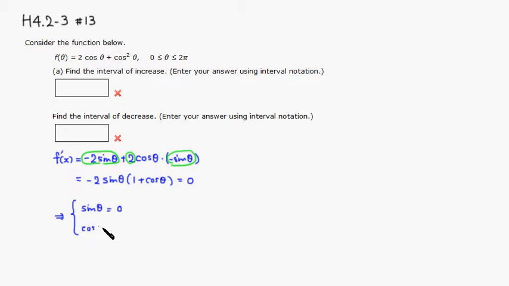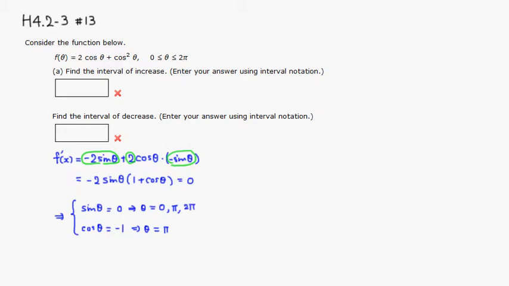So sine of theta is 0 when theta is 0, and also pi, and 2 pi. Those are endpoints, 0 and 2 pi are endpoints. And also cosine of theta is negative 1 when theta is pi.